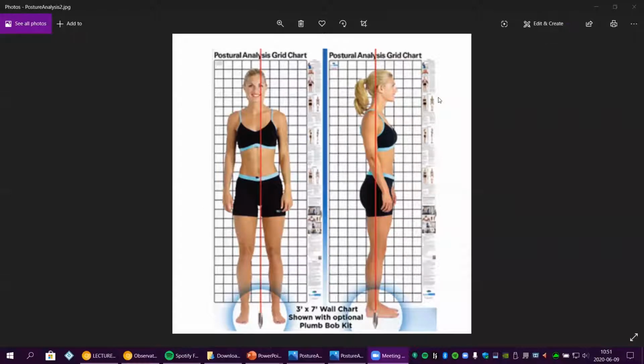These postural analysis charts, the one we have is called the Alinabod. The Alinabod is just one of those brands that makes the postural analysis, right? So you're going to have one of those plumb lines, and you can see clearly here they've got this nice red plumb line going down through the middle, tied to a nice weight down here at the end that keeps that line nice and straight.